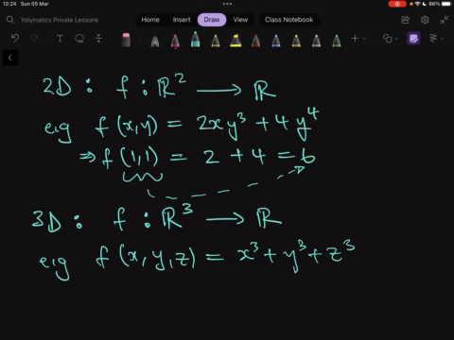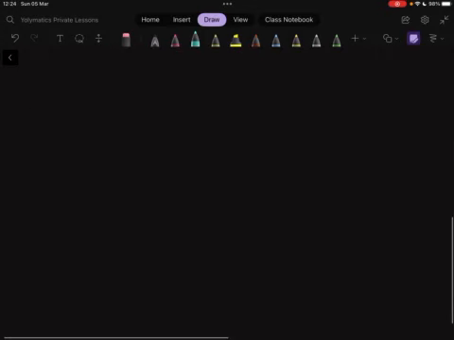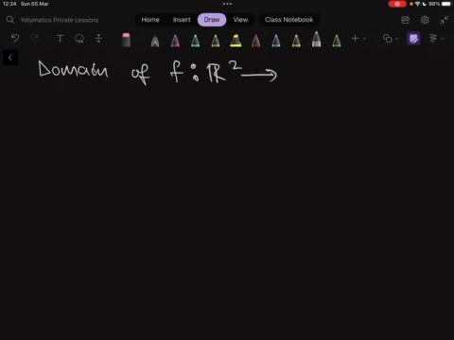Now we have understood the definition of multivariable, it's time to discuss what we want to specifically look at today, which is the domain of f from R^2 to R. Most questions you are likely to get in tests or exams will be about finding the domain of these functions and also sketching these domains.